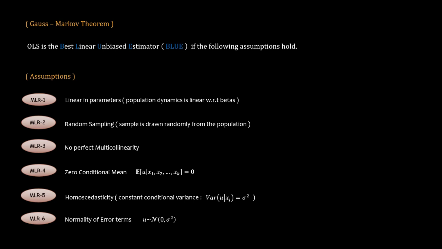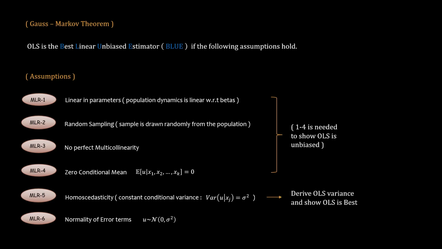Recall that the assumptions 1 to 4 are sufficient to show that OLS is unbiased. Homoscedasticity assumption is needed to derive the variance of OLS estimates and to show that OLS is the best estimator under these assumptions.